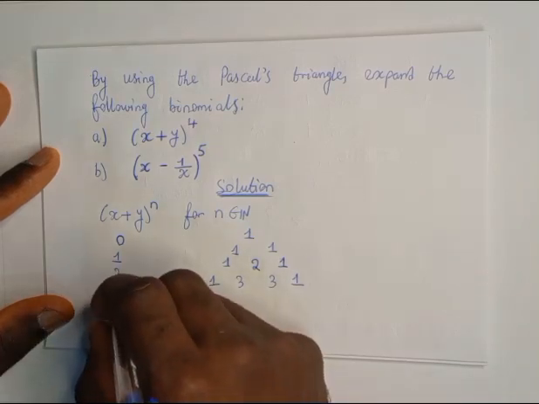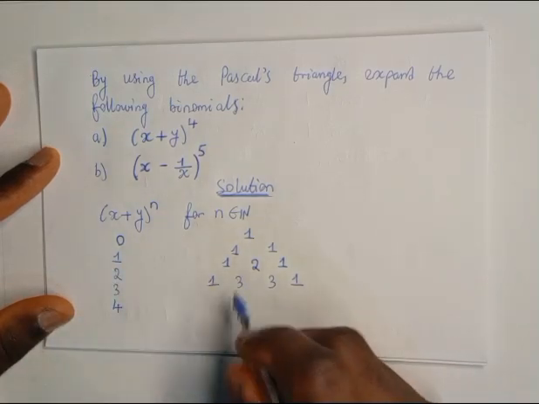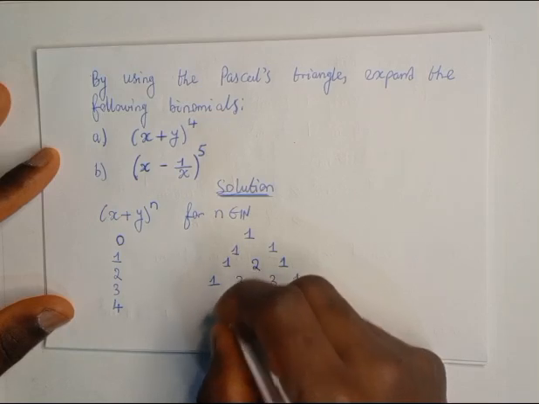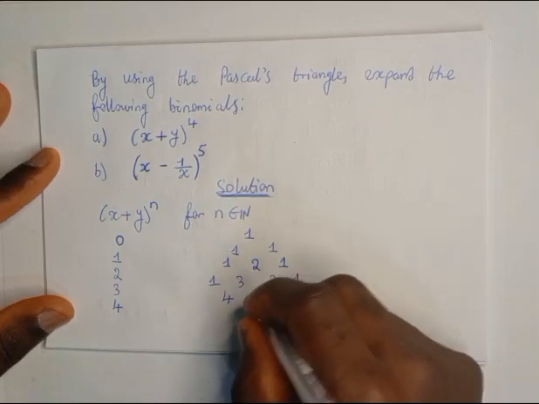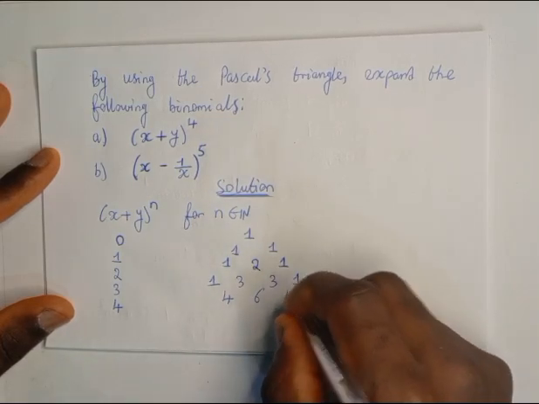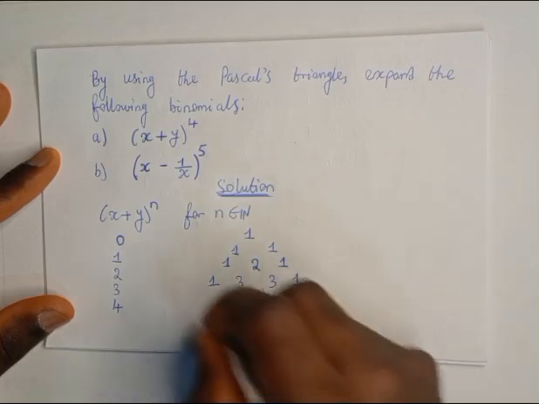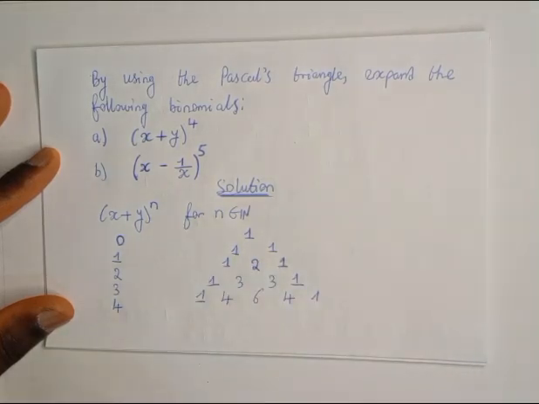The next, when n is 4, we have 1 plus 3 gives us 4, 3 plus 3 gives us 6, 3 plus 1 gives us 4, then 1, 1 by the side.